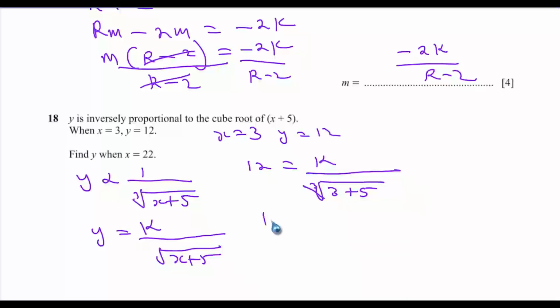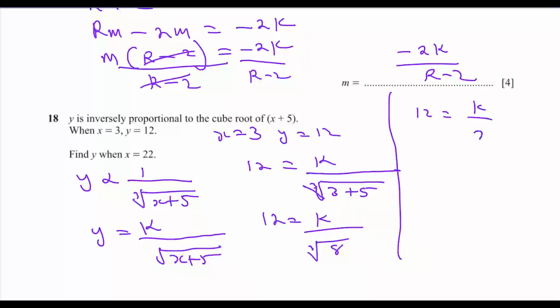Then we have 12 equals k over the cube root of 8, which is the same thing as 12 equals k over 2. That's the cube root of 8 is 2. Then if you cross multiply, k is equal to 24. So that is the value of k. So we can substitute the value of k here. Let me label this 1.